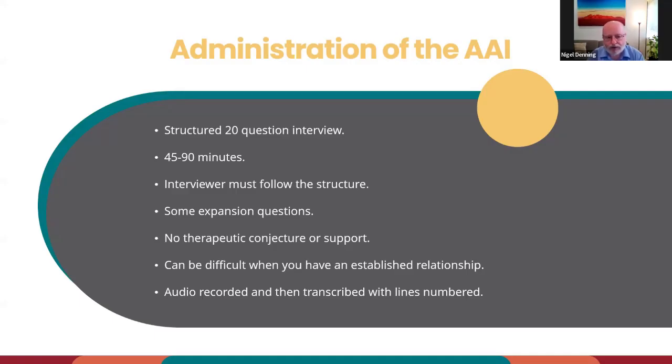There are some expanding questions, some deepening questions, but this is one of the difficult parts of delivering the model. You've really got to restrain from any therapeutic conjecture or support or asking people how they are, other than, are you okay to continue? Would you like to take a break?